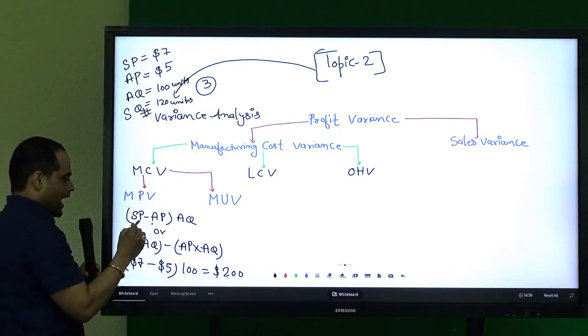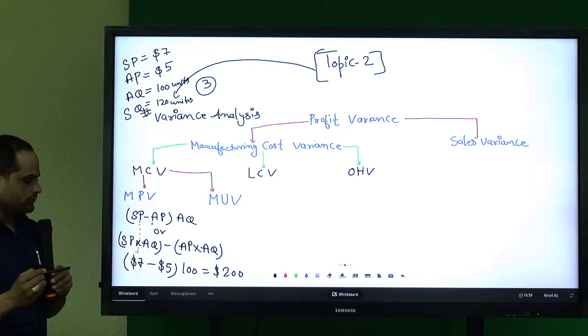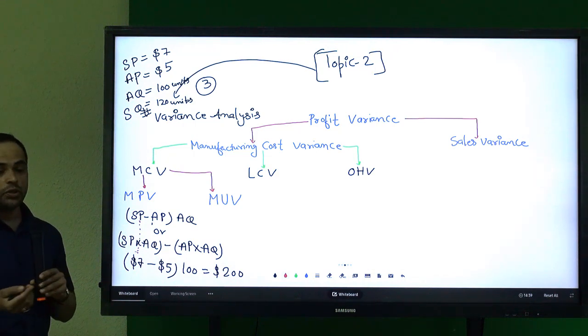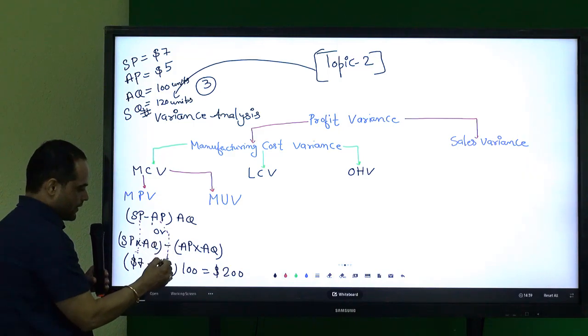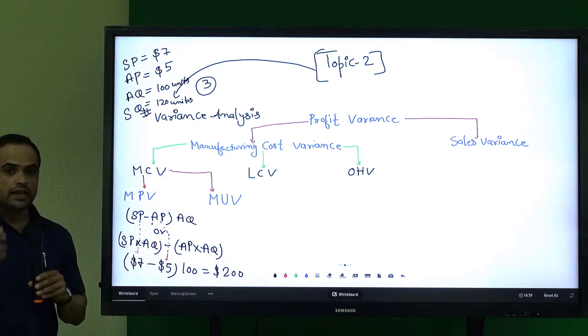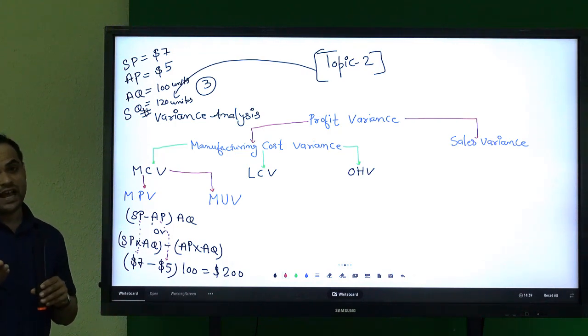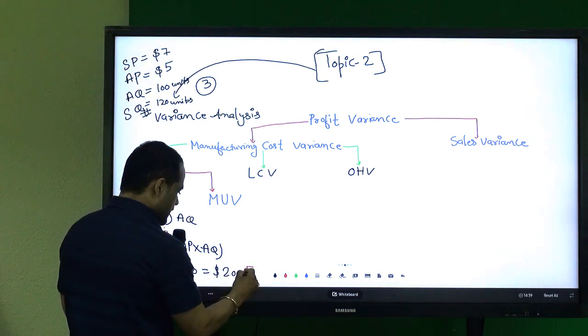For the standard price, I was planning to pay $7 per unit, but actually I am paying $5 per unit, which means I am saving $2 per unit. Is it good or bad? Of course, it's good. It's a sign of positive variance, which means 200 F.